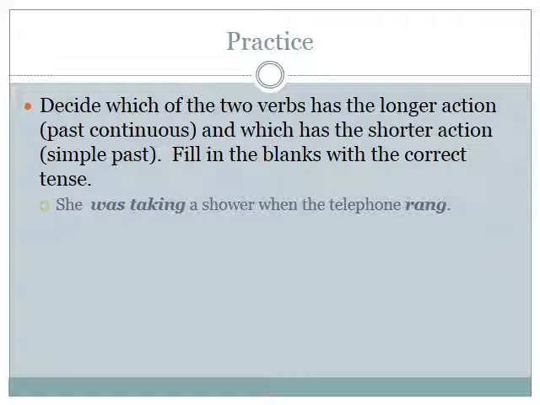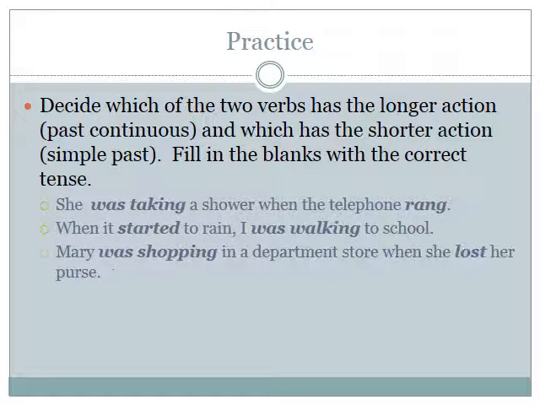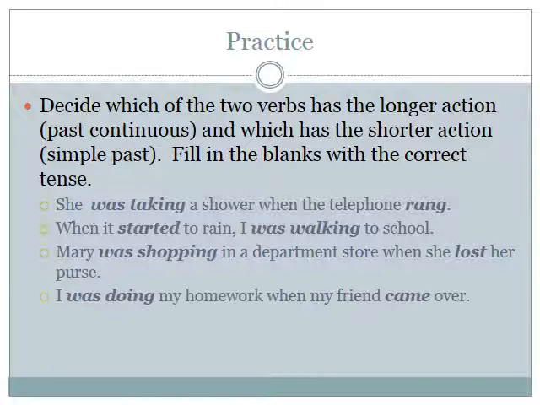So the long-term action was taking a shower, when the telephone rang, short-term action. When it started to rain, short-term action, I was walking to school. Mary was shopping in the department store, long-term action. When she lost her purse, short-term action.